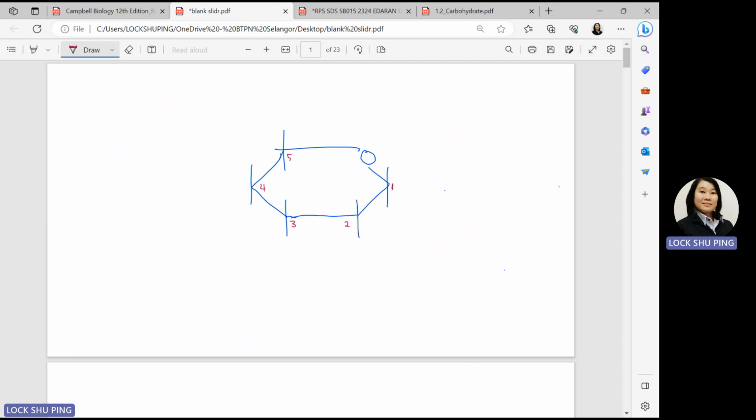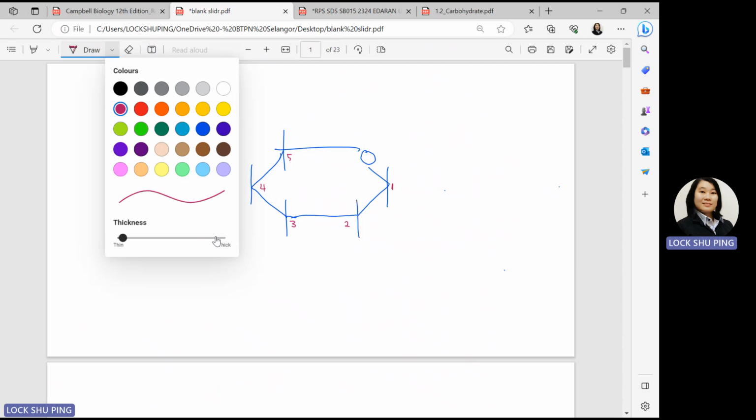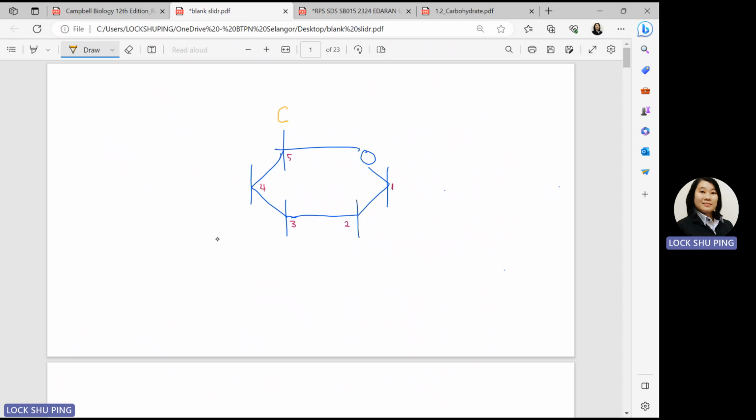So where is carbon number 6? Carbon number 6 is actually found outside the ring, which is here. So we add in the CH2OH here; this is the final carbon, carbon number 6.